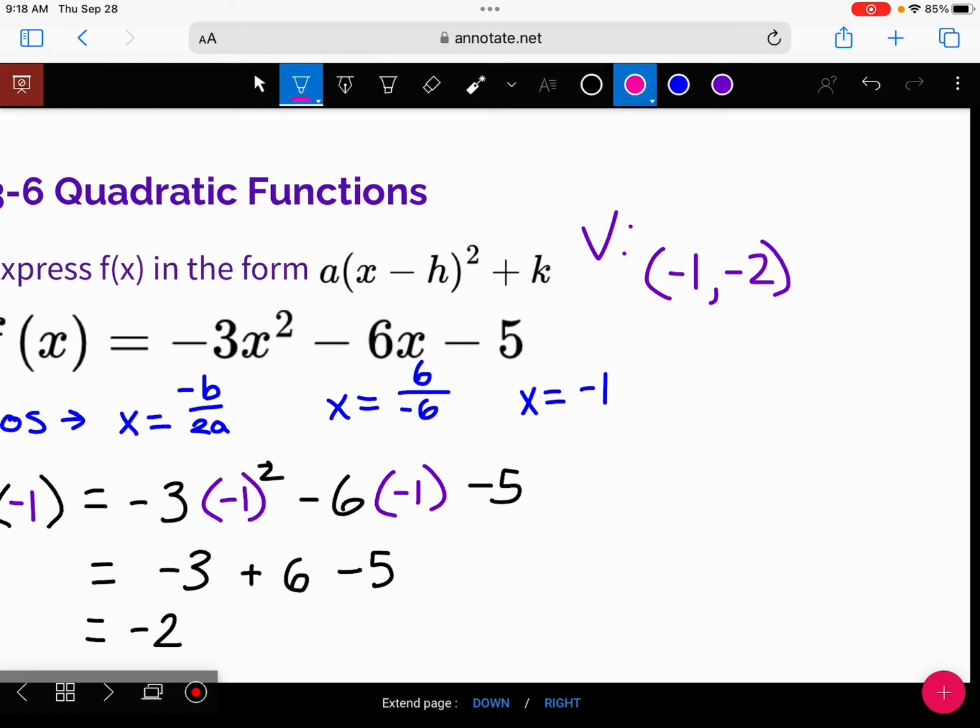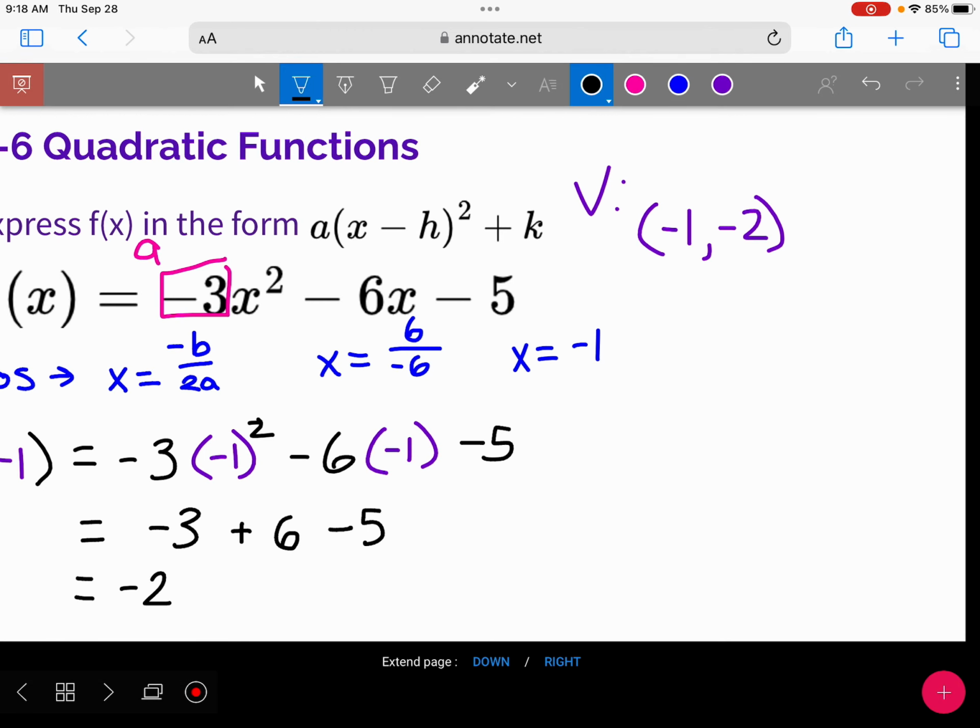What is our a value? Negative 3. That's our a. So we can write this into our vertex form equation. y equals, or f of x, I genuinely do not care.